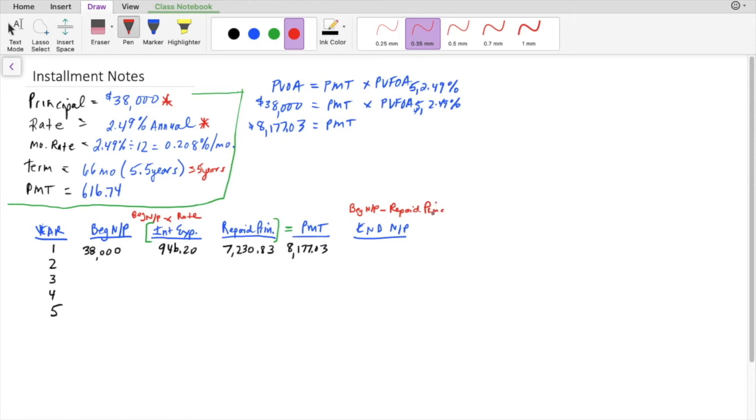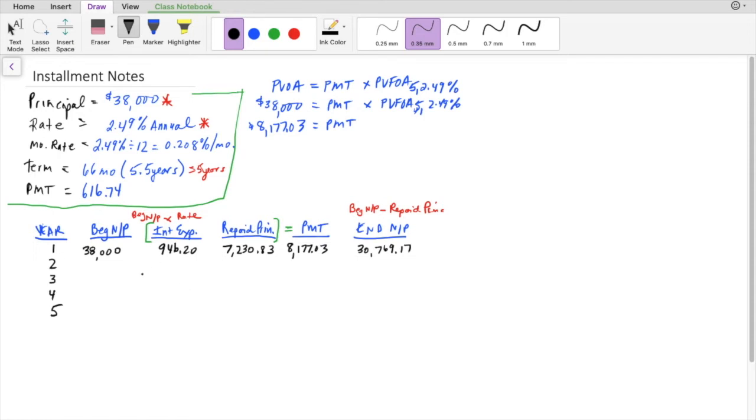If that's the amount that I have paid off, then I take that away from the amount I owe. So if I take $38,000 minus the $7,230, I am left with $30,769.17.